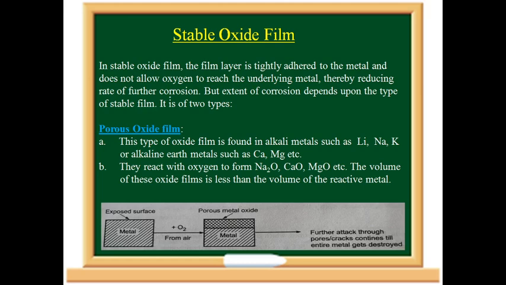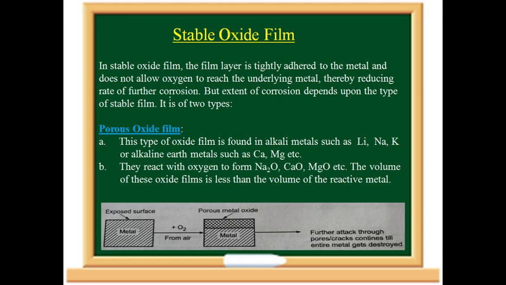When this film stays on the metallic surface, it is nicely held to it. But it depends entirely on the metal. So based on that, the stable oxide film is further divided into two types: porous oxide film and non-porous oxide film. What is the meaning of porous oxide film?